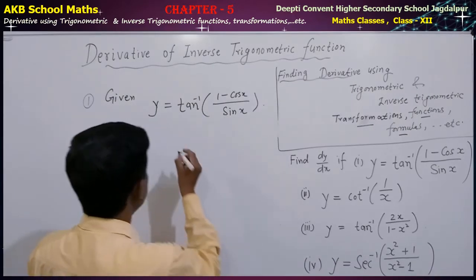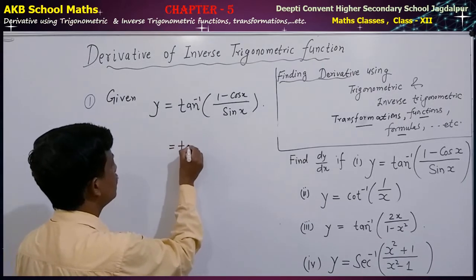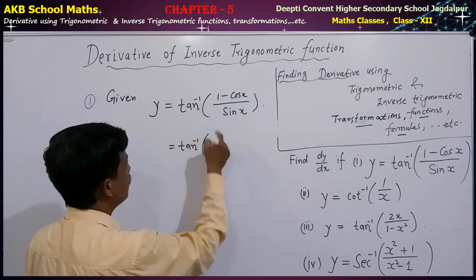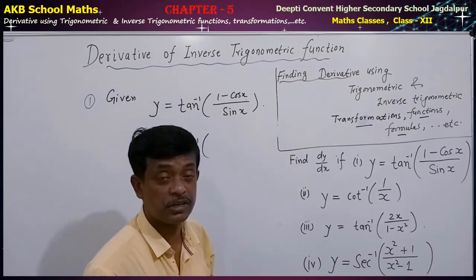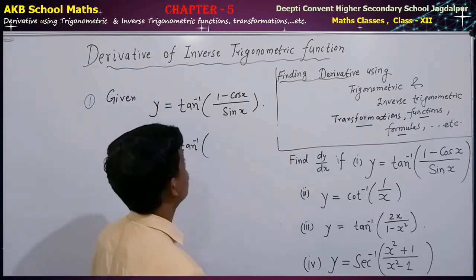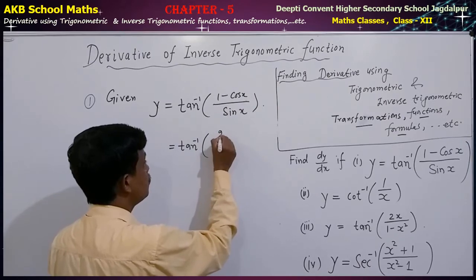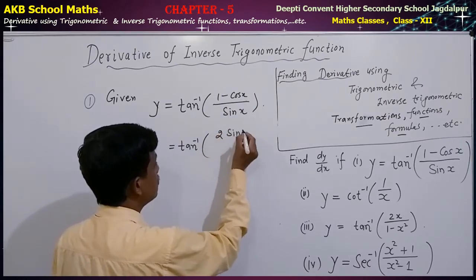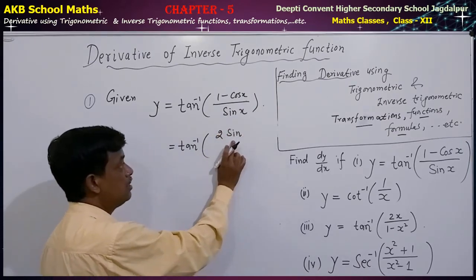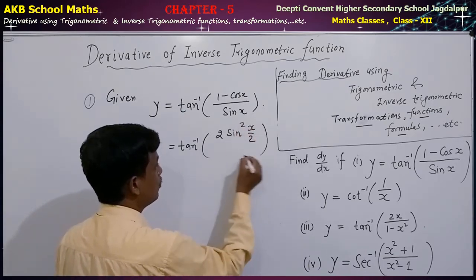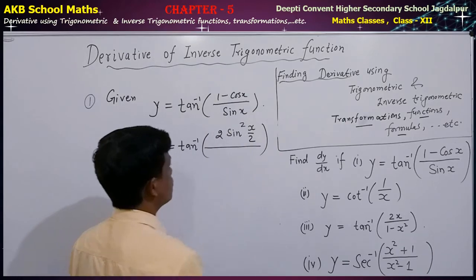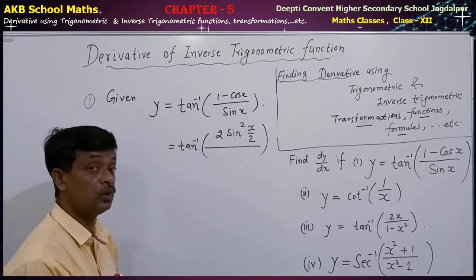So here we use what? 1 minus cos x. You know cos 2 theta equals 1 minus 2 sin square theta. So by that formula we can write 1 minus cos x equals 2 sin square x by 2.